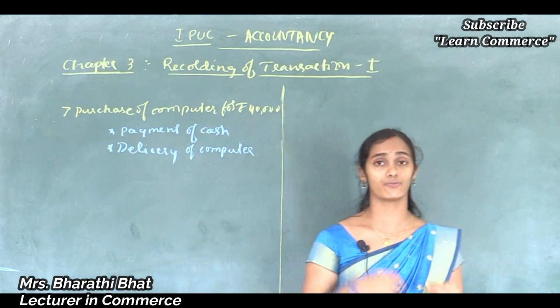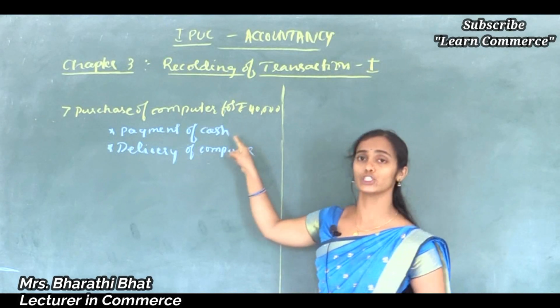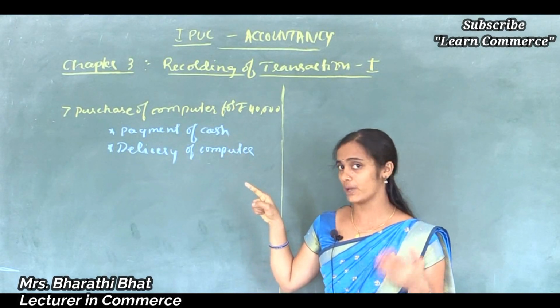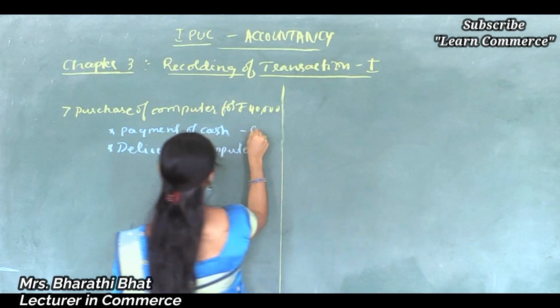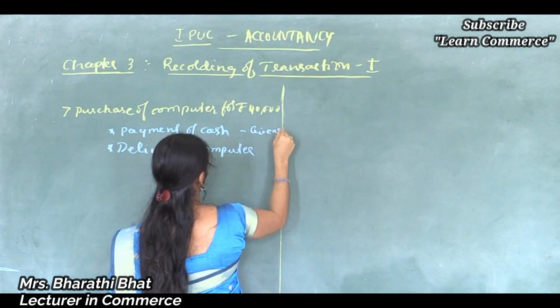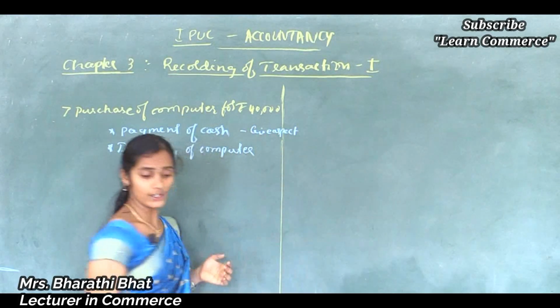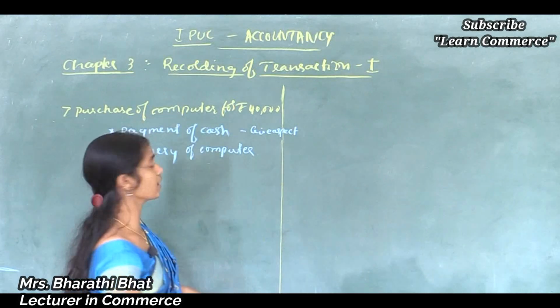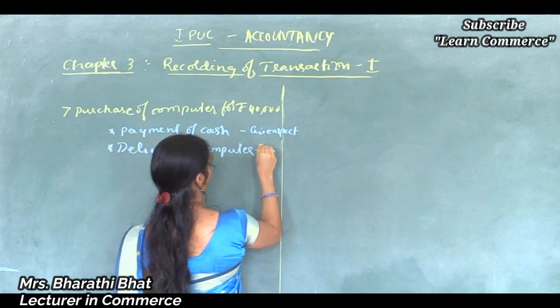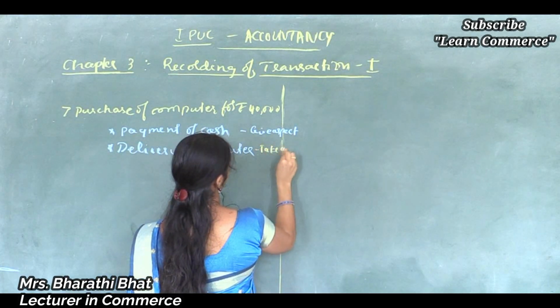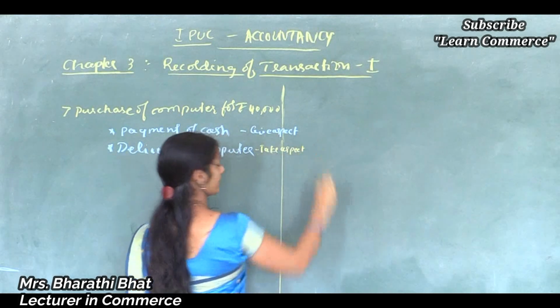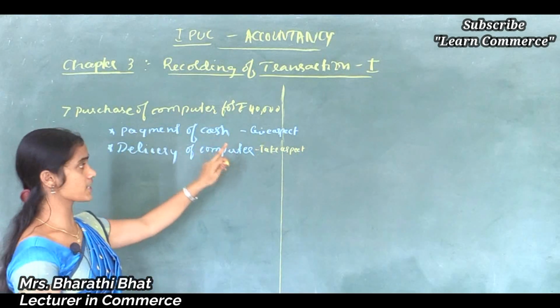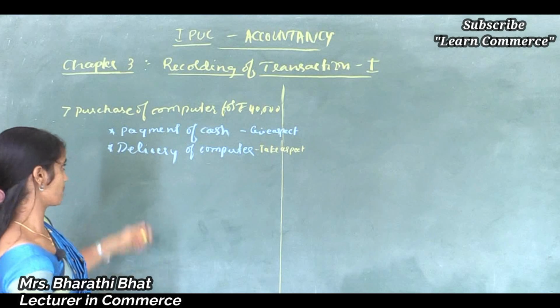Here we can say that for you, payment of cash is the give aspect, and delivery of computer is a take aspect. One is a give aspect, another one is a take aspect.